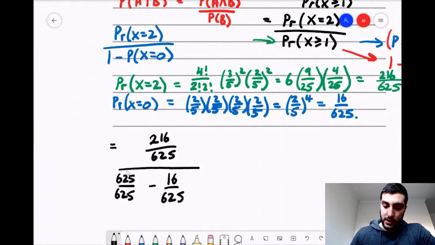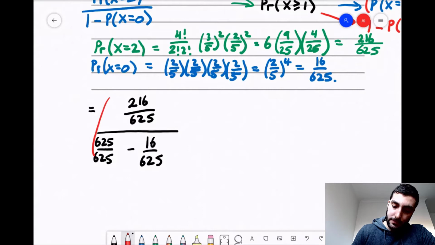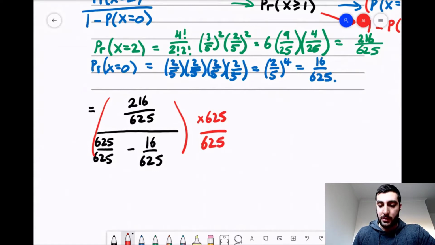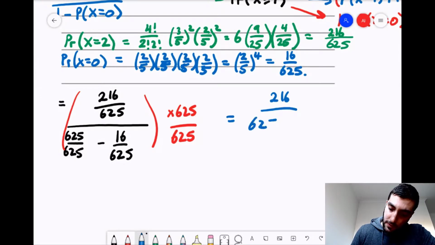So that's all I've done, and now we can see that all these terms have a denominator of 625. So if we multiply this fraction, both the top and the bottom, so you can think of it as 625 over 625. Because we're doing it to both the top and the bottom, the fraction is not changing, right? This is 1 here as well. But what that lets us do is then have 216 over 625 minus 16.